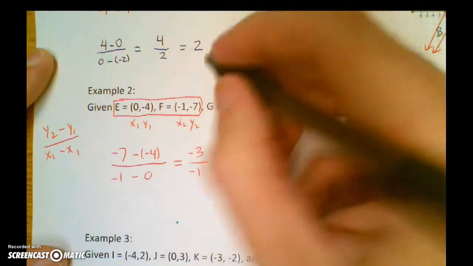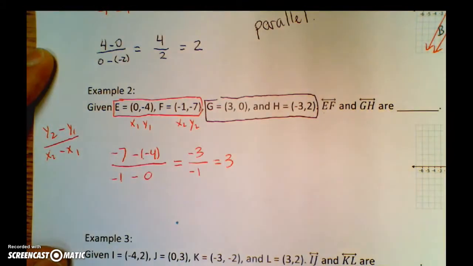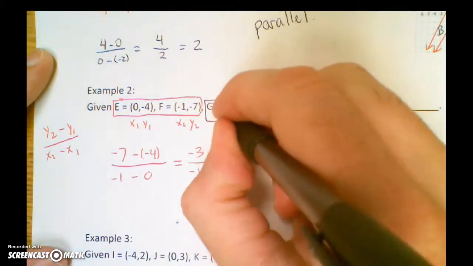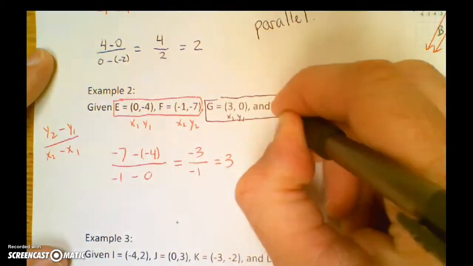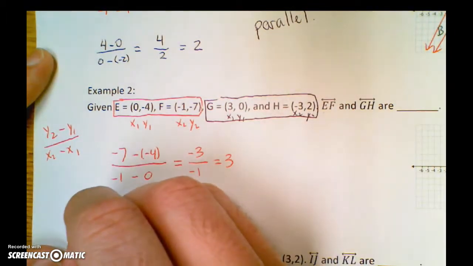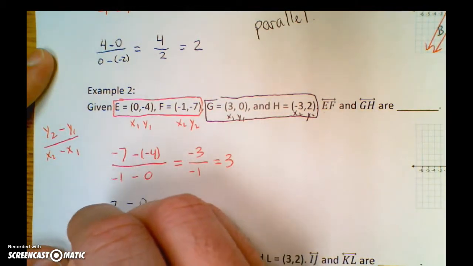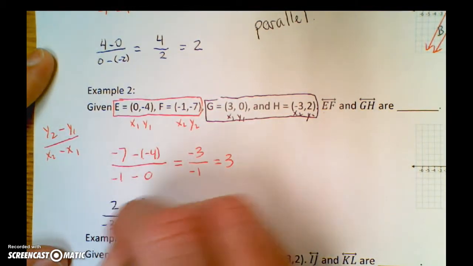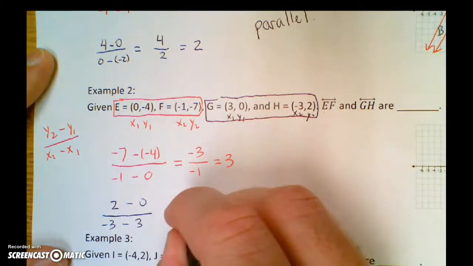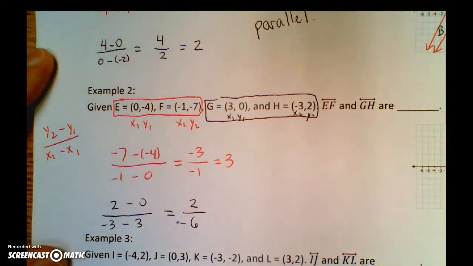To compare the other points, I do the slope formula again between these points. So I have x1, y1, x2, y2. So I have 2 minus 0 over negative 3 minus 3. 2 minus 0 is 2. Negative 3 minus 3 is negative 6.